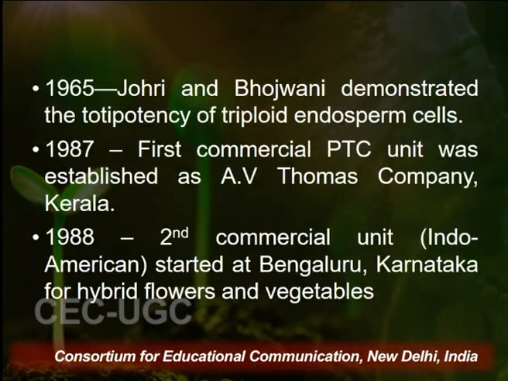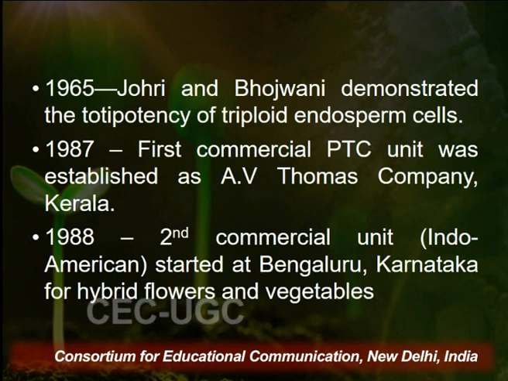In the subsequent year, in 1988, a second commercial unit, an Indo-American unit, was established in Bengaluru, Karnataka. This unit was established for developing hybrid flower varieties and also vegetable varieties for the commercial aspect.